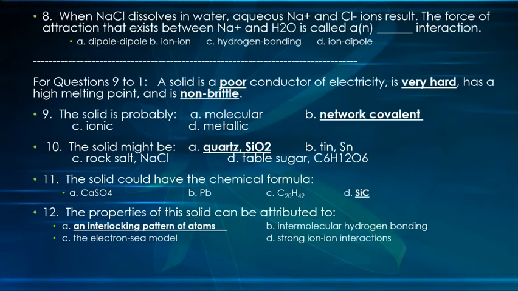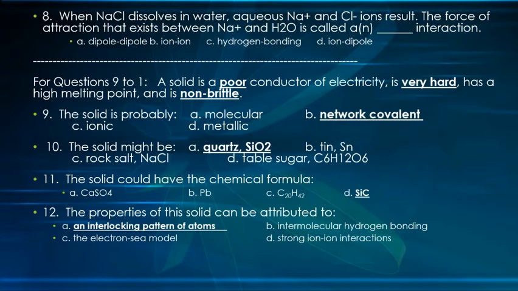They have high melting points because since it's covalently bonded, the energy can be distributed very well. And they're not brittle because of the covalent bonding. They tend to pass energy around throughout the entire thing. Remember, with a network covalent, it's like one giant molecule, one huge covalent bonded molecule.